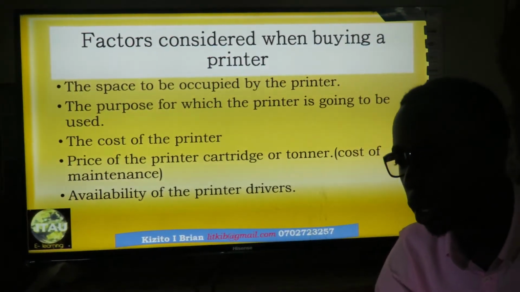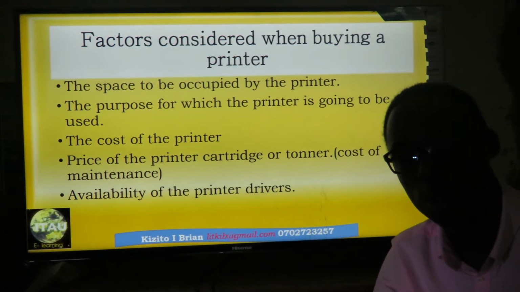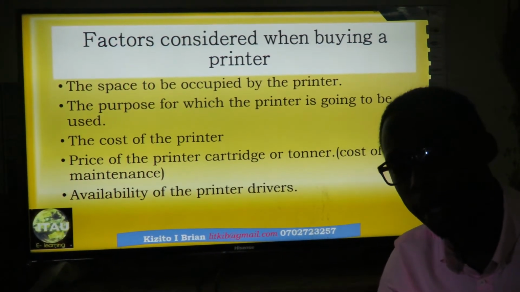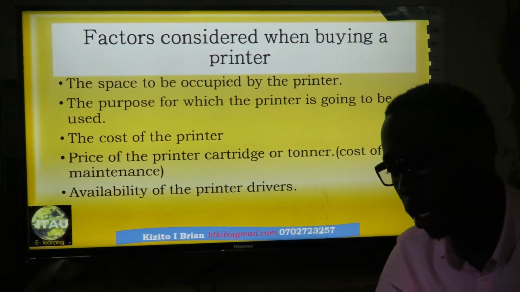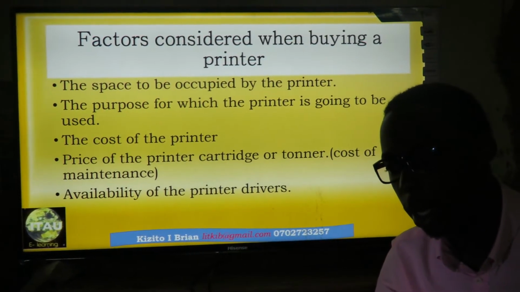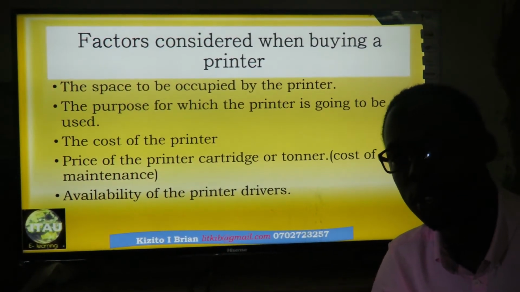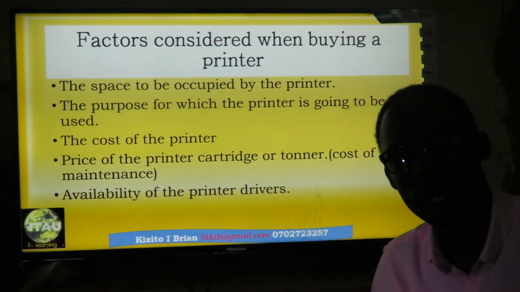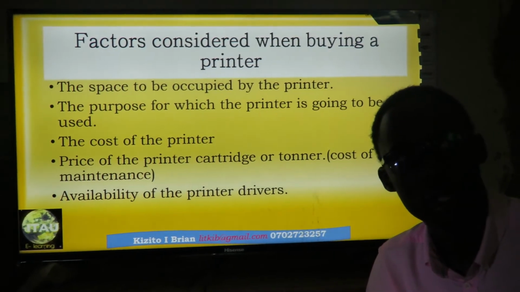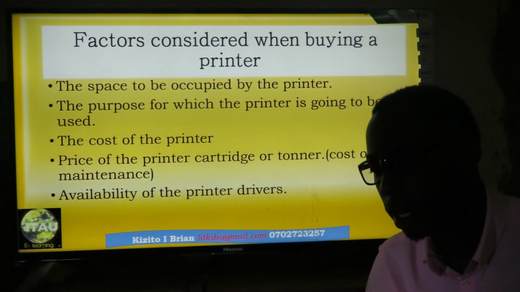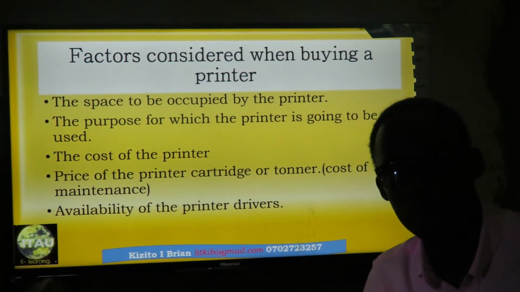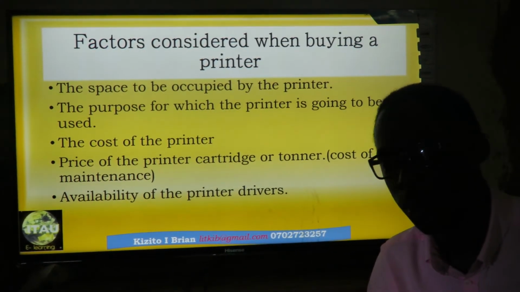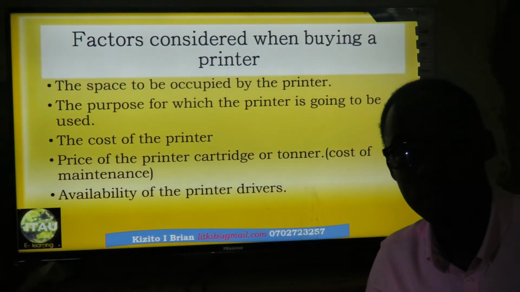There are also factors that you should consider when buying a specific type of printer. The cost of a printer, the space to be occupied by the printer, the size of print paper that can be used by the printer that you are buying, the availability of printer drivers, and the availability of spare parts for the printer.